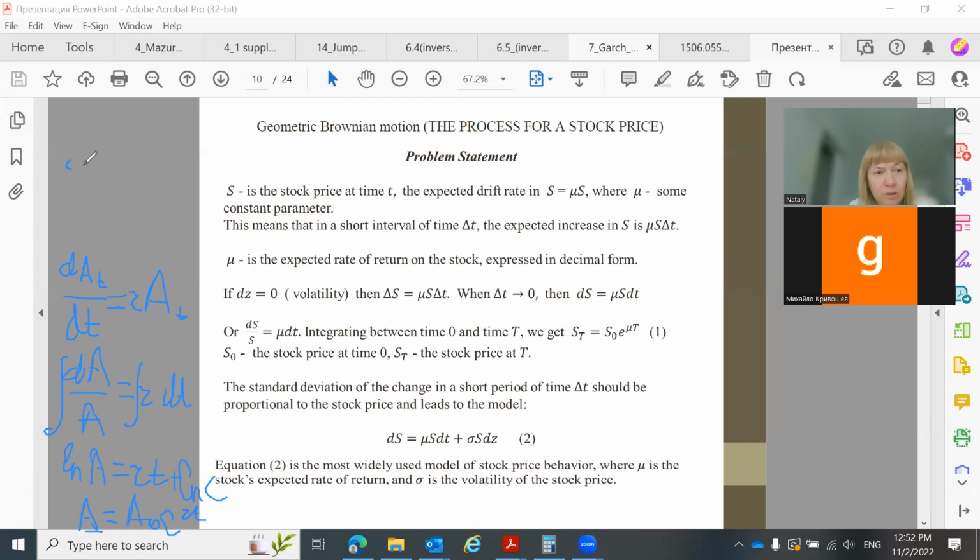So for stock prices, velocity of change of stock prices is proportional to a constant, not R, because R is interest rate, but for stock price it is some mu S, but it's very similar, yes, this and this are very similar, only a different constant.